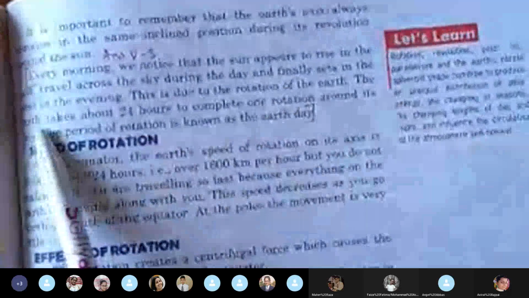This is due to the rotation of the earth. The earth takes about 24 hours to complete one rotation around its axis. The period of rotation is known as the Earth day. This is your answer, 5-3.